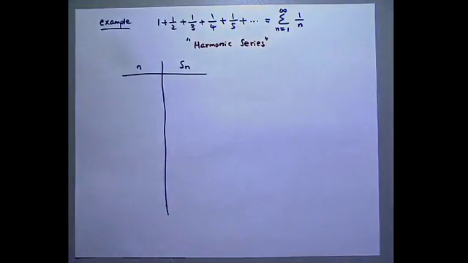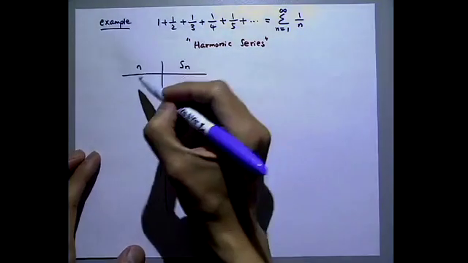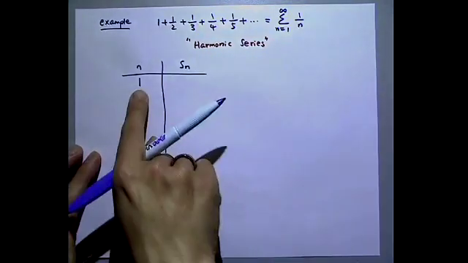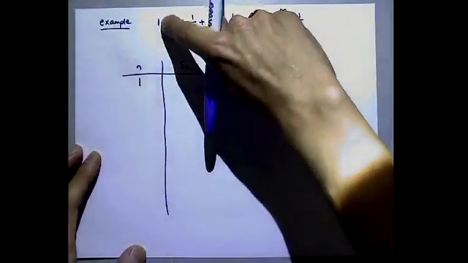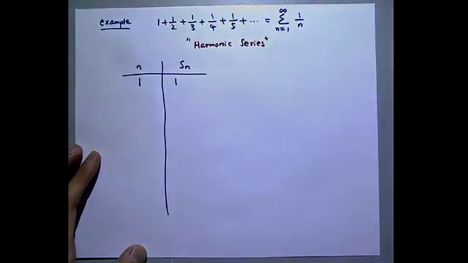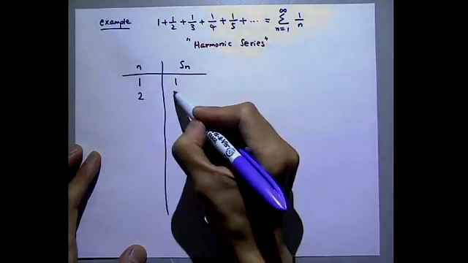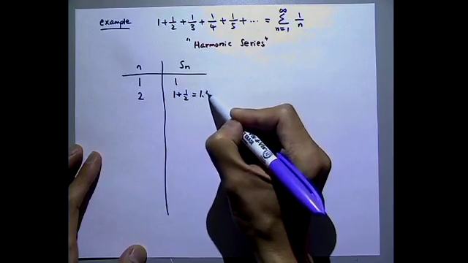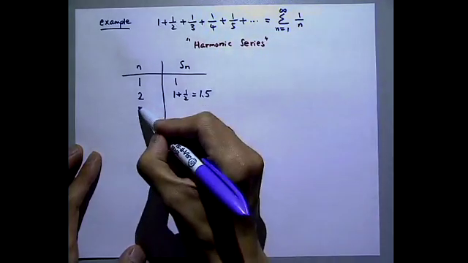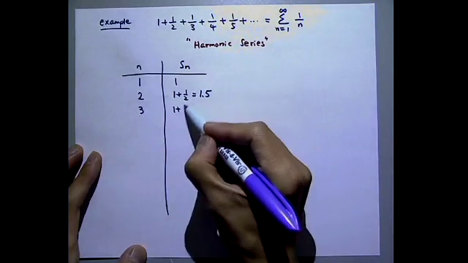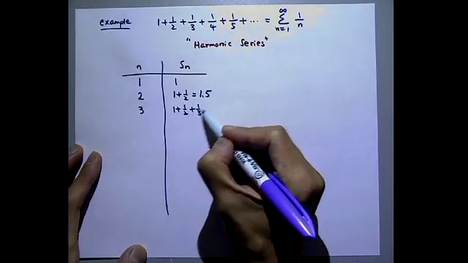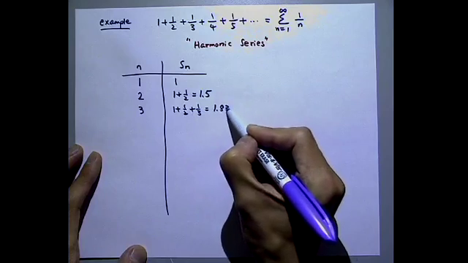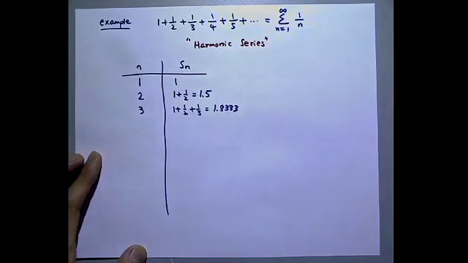Okay, and we'll make the same table here, the first 10 or so partial sums. N equal to 1 again is just the first term, 1. N equal to 2 is the first 2, and that's 1.5. Third partial sum, 1.8333.